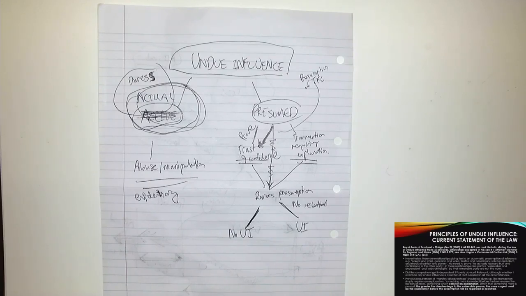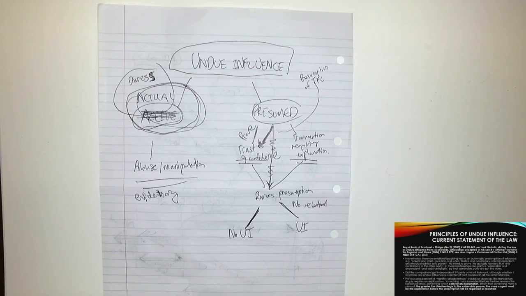Now, what does it mean for a contract to call for an explanation? Well, Lord Nichols helpfully or unhelpfully says something more is needed before the law reverses the burden of proof, something which calls for an explanation. When that something more is present, the greater the disadvantage to the vulnerable person, the more cogent must be the explanation before the presumption will be regarded as rebutted.